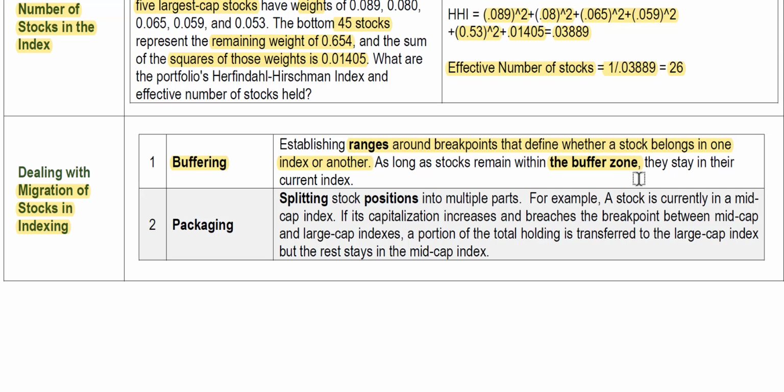It's possible for these target firms to migrate to the next category, so you put that stock in the buffer zone. They stay there in the current index until the stock finally moves out to the next category.